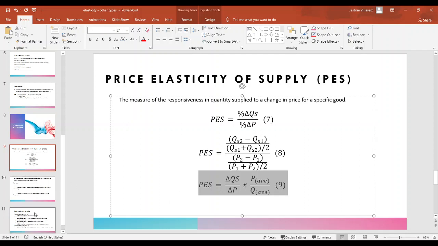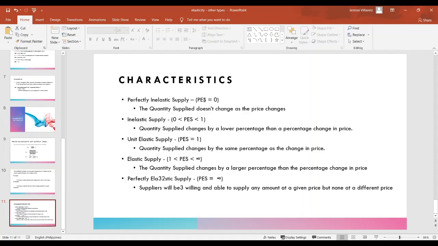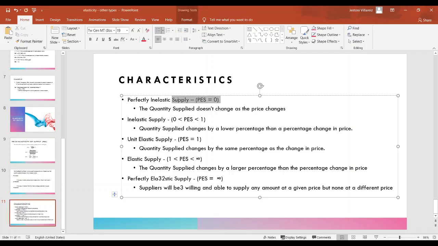Now the characteristics for this one. If your PES is equal to 0, it is perfectly inelastic, meaning that your quantity supplied is not responsive to the change in price. Same with your PED, if you graph this, it is vertical.